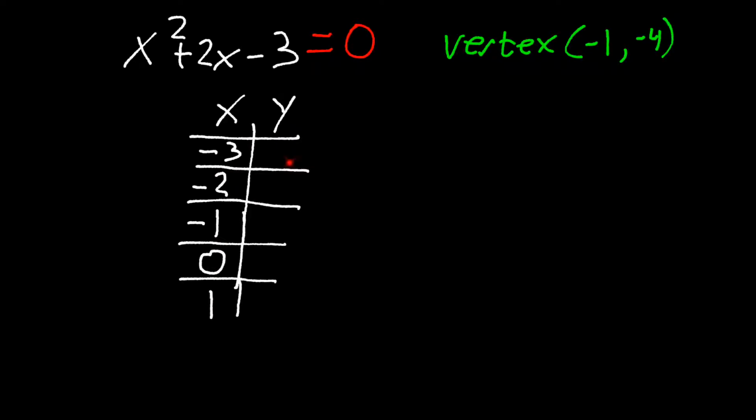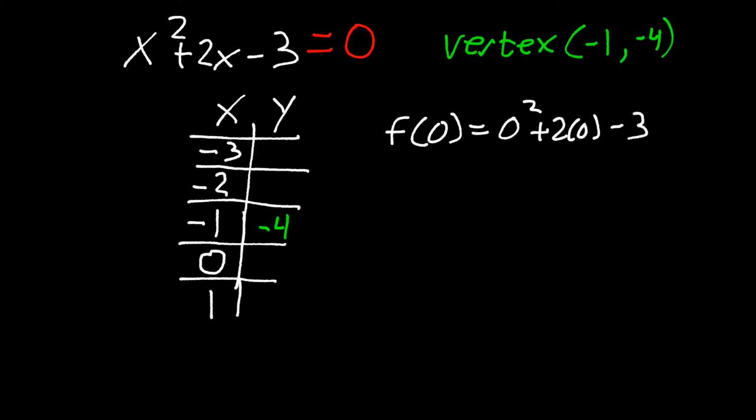And if y is 0 in any of these values, we will know that we have found the zeros of our function. So to start off with, we know negative 1 is negative 4. If I try to find the function evaluated at 0, that means I have 0 squared plus 2 times 0 minus 3.